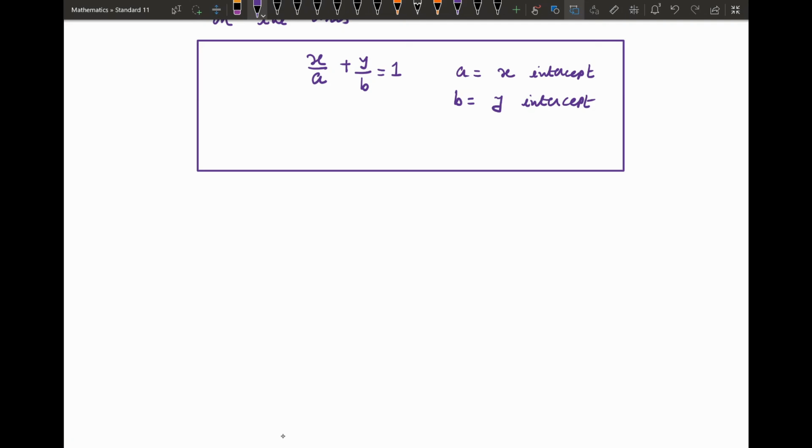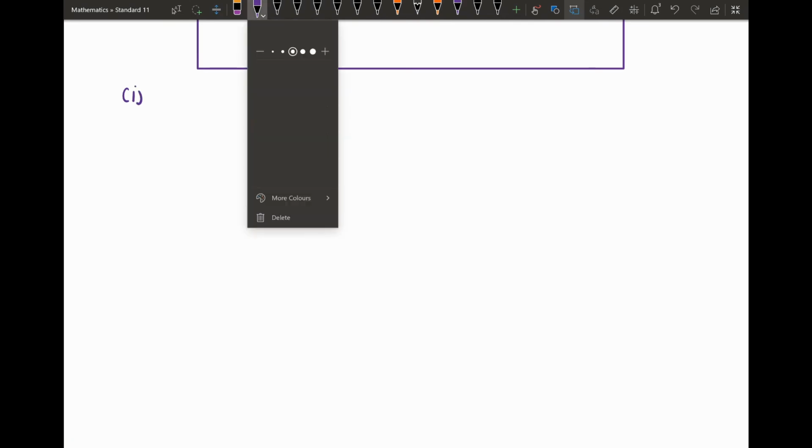So first example: reduce the following equations into the intercept form and find their intercept on the axis. First one, 3x plus 2y minus 12 equal to 0.